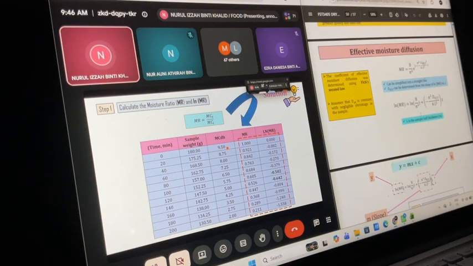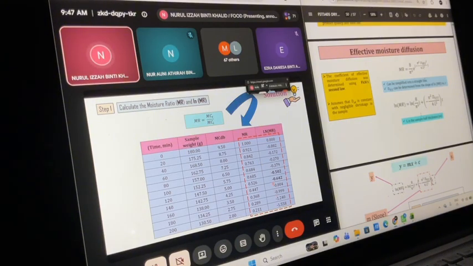For example, 9.5 divided by 9.5, you get 1. 8.75 divided by 9.5, you get 0.921. Then you drag. But for the final exam, you do not have Excel, so you have to calculate the moisture ratio one by one. After you calculate the moisture ratio, you calculate the ln moisture ratio.